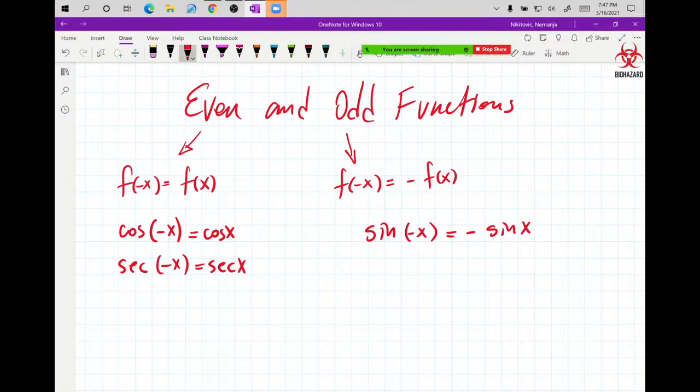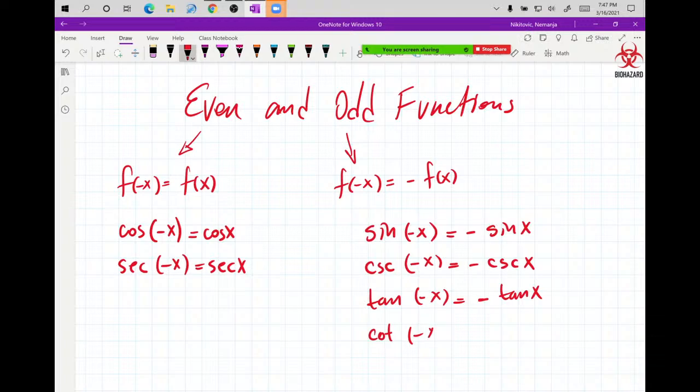It kicks the x outside. That's exactly how the odd functions behave. And then the cosecant of negative x is negative cosecant x. The tangent of negative x is negative tangent x. And finally, cotangent of negative x is negative cotangent of x. So those are the even and odd functions.